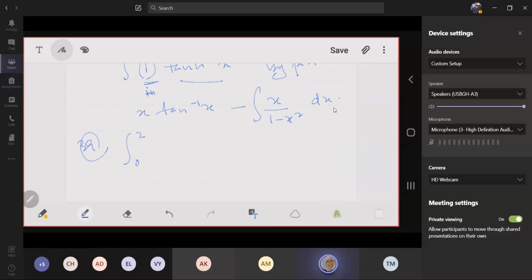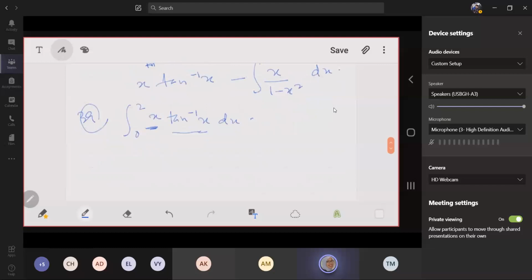In this case also you take a product of two functions. This one is tangent to the minus 1 of x dx. So you take this one to be dv by dx, that one to be u.